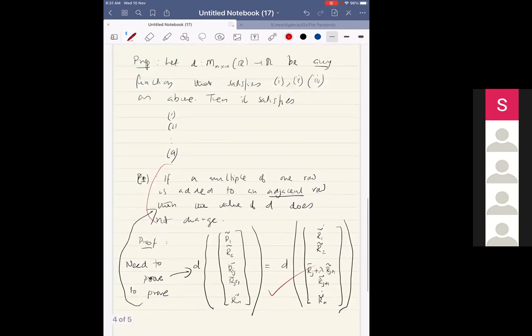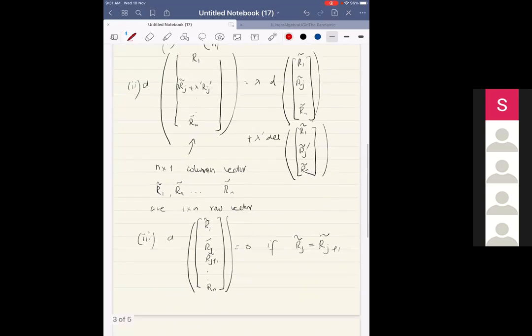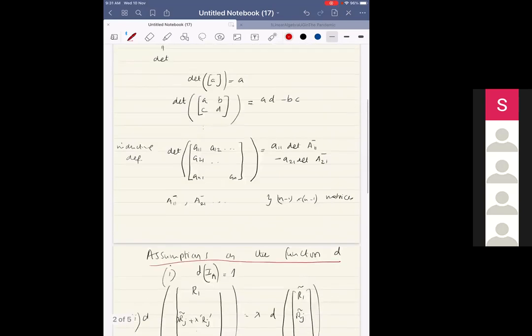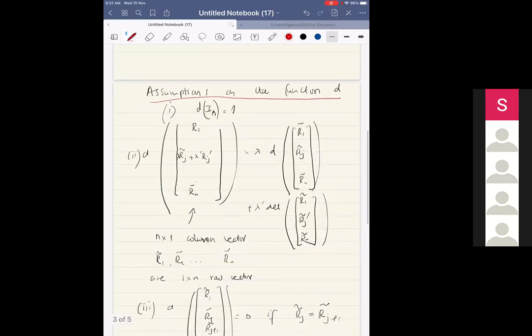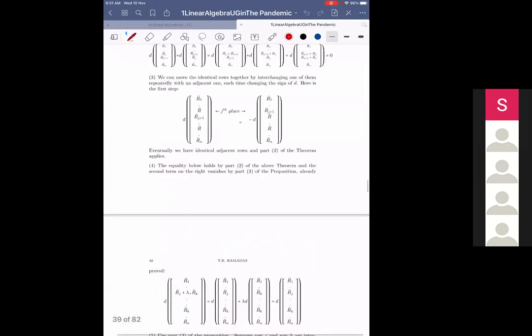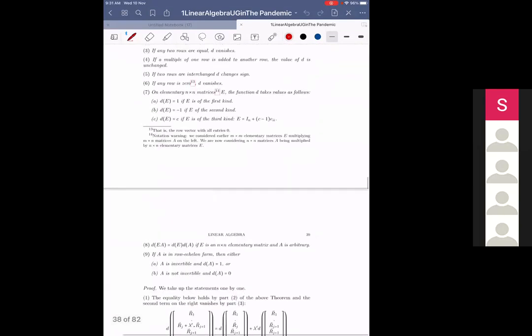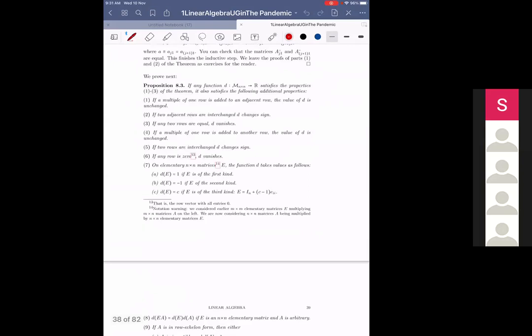So each part of the proposition, let us take a look at the proposition. It follows by similar tricks, but you have to prove them in this order. Otherwise, it will not be clear. But if you prove the statements in the order that they are stated in the proposition, the proof is on autopilot.